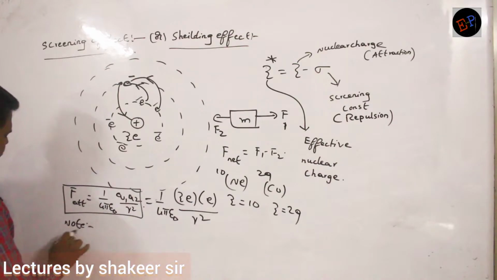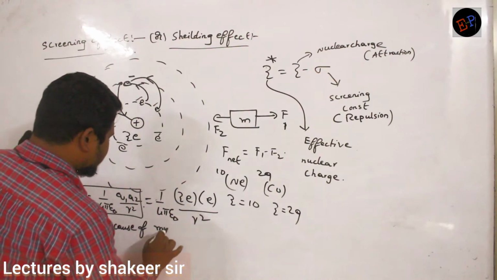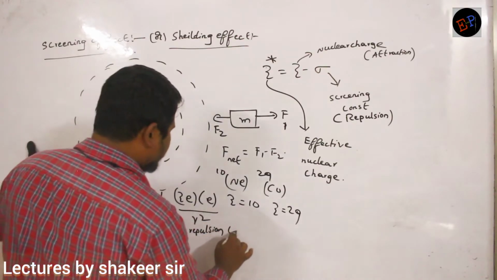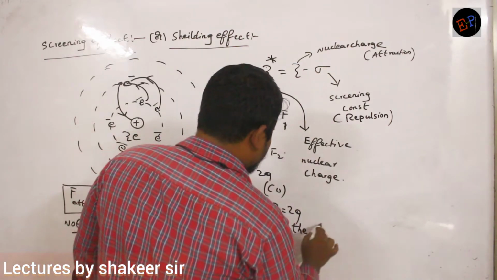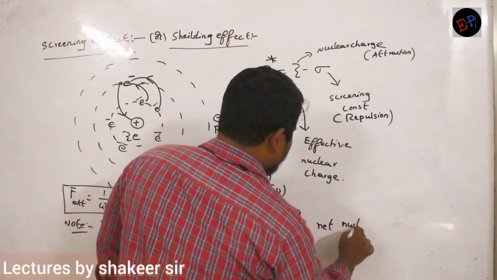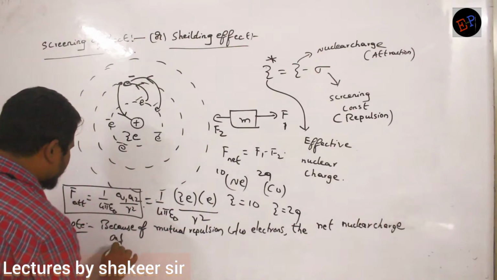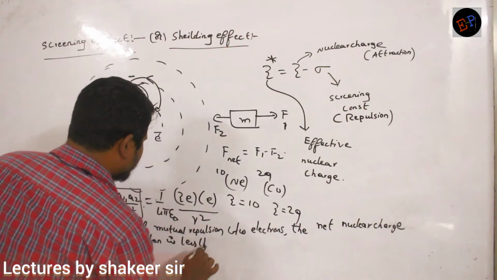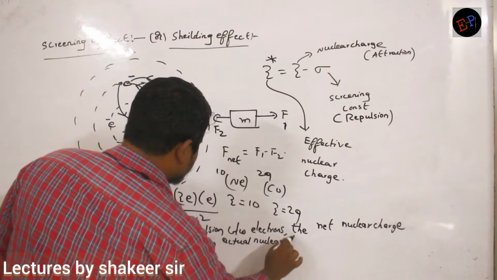Because of mutual repulsion between electrons, the net nuclear charge on an electron is less than the actual nuclear charge.